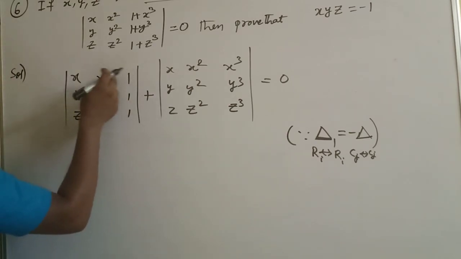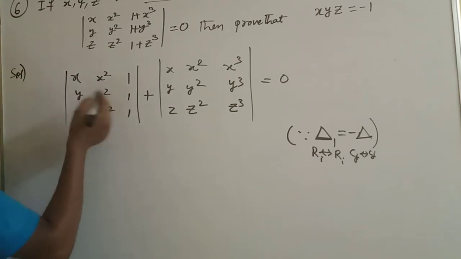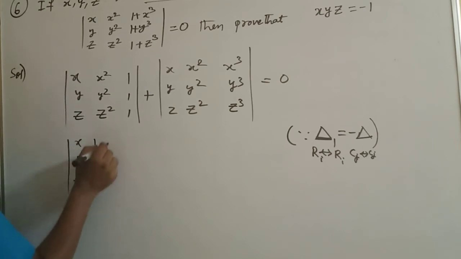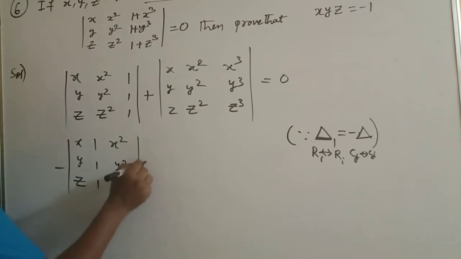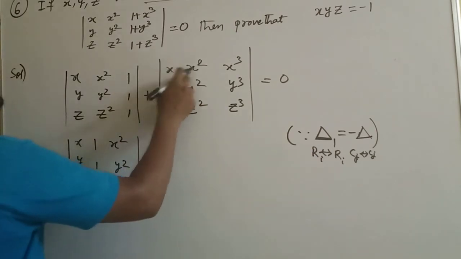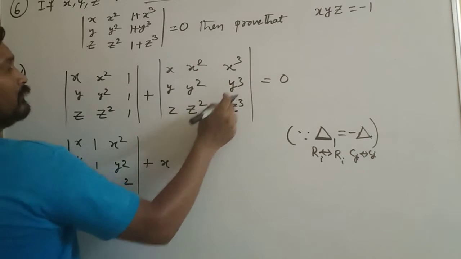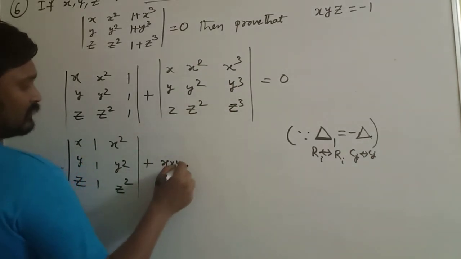I interchange these two first. So when I interchange, X, Y, Z, 1, 1, 1, X square, Y square, Z square, the symbol will become minus, plus. In all the places X common, common X, and here Y common, common Y. Next Z common, common Z.